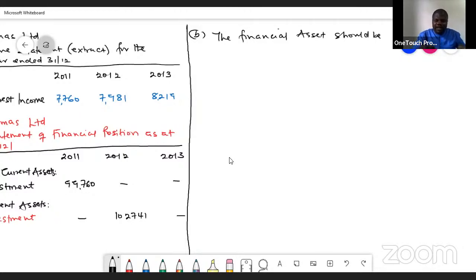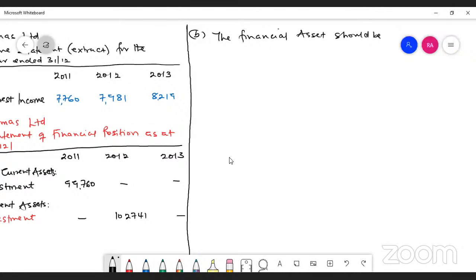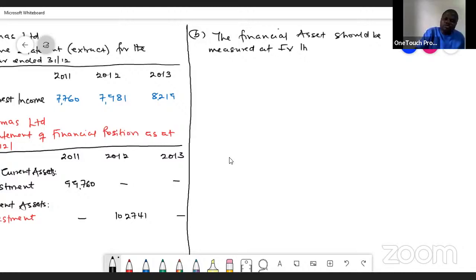Okay, so the financial assets should be measured at fair value through OCI.